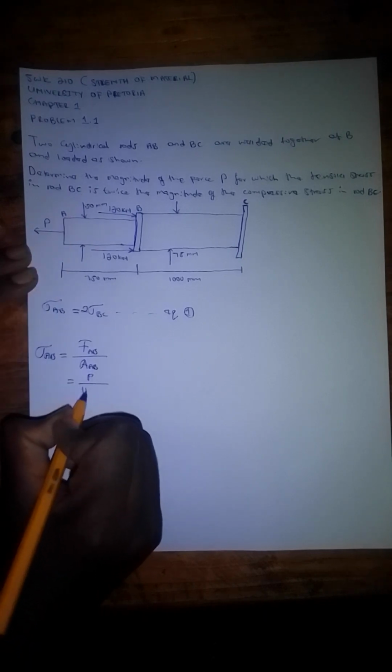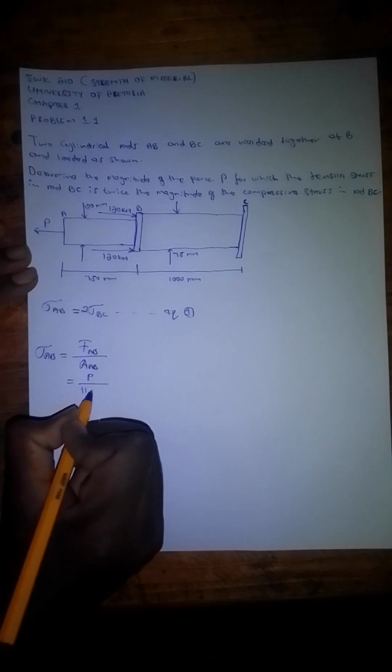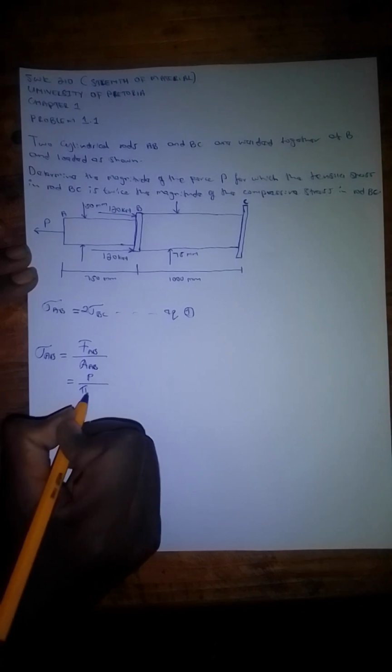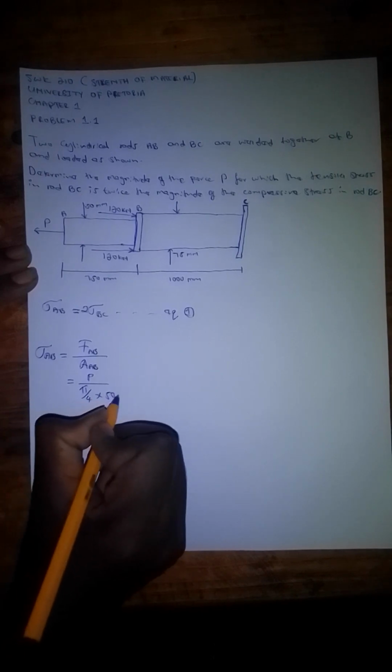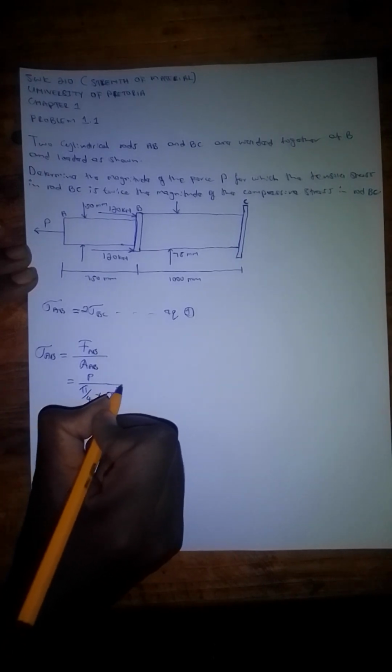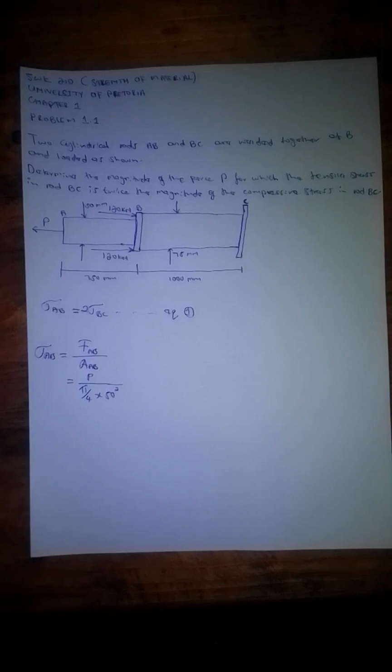So we simply say it's pi over 4 multiplied by 50 squared. This is the area, and the reason we say pi over 4 d squared is because they are saying it's a solid.